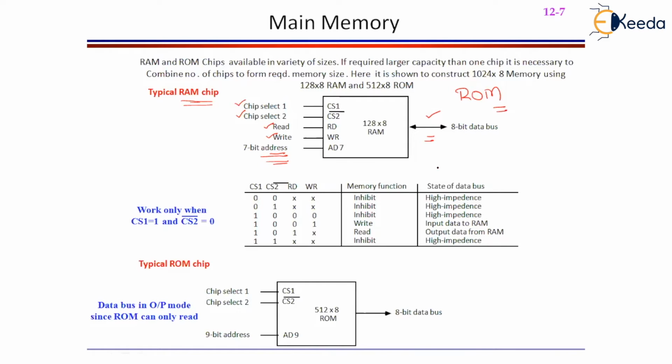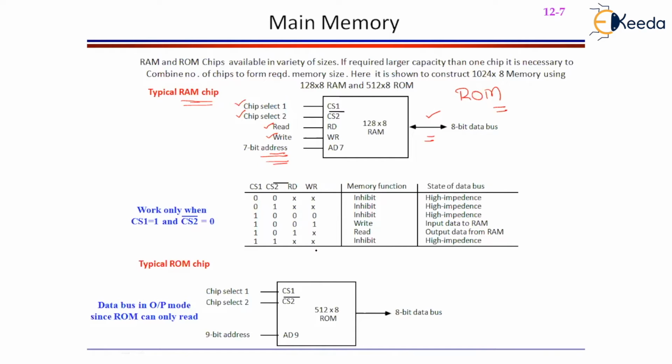Now, we will understand each connection very clearly, because we just know about read and write, address and data, but we don't know about these chip selectors. We do not have any idea about the use of chip selector 1 and chip selector 2. We will understand those in a short while.